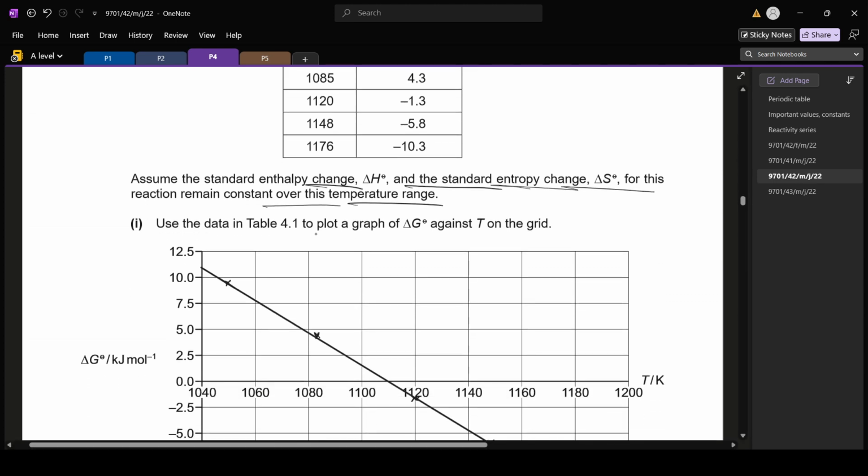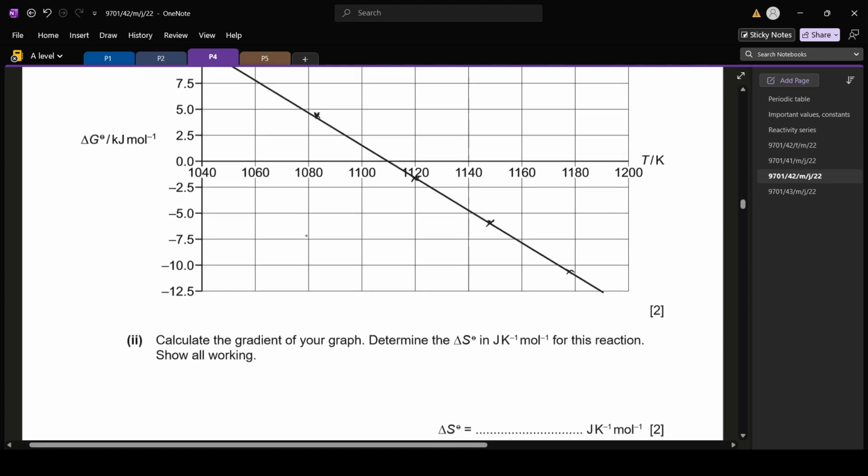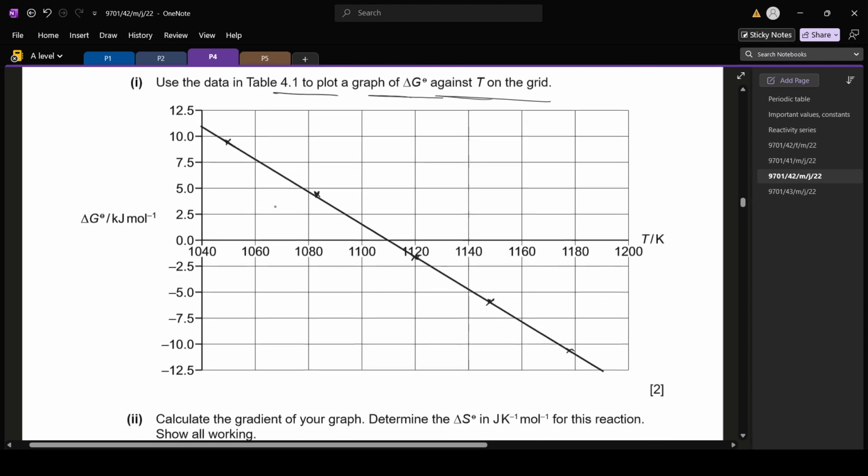Use the data in table 4.1 to plot a graph of Gibbs free energy against temperature on the grid. I already drew this graph for you. It may not be as accurate, but it will be like this.